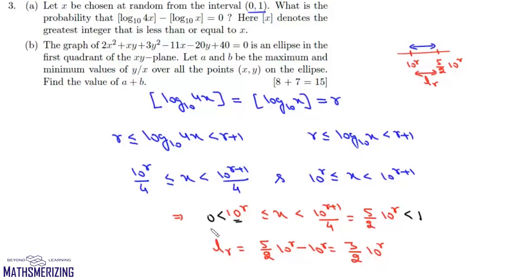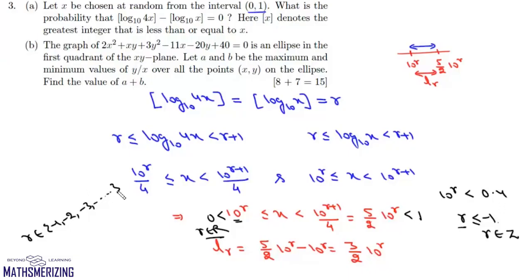Now 10 to the power r is greater than 0 for all r belonging to R, and then 5 by 2 into 10 to the power r will be less than 1 if 10 to the power r is less than 0.4, that is when the value of r is less than or equal to minus 1, where r is an integer. So from these two conditions we'll get r will take the values minus 1, minus 2, minus 3 up to minus infinity.